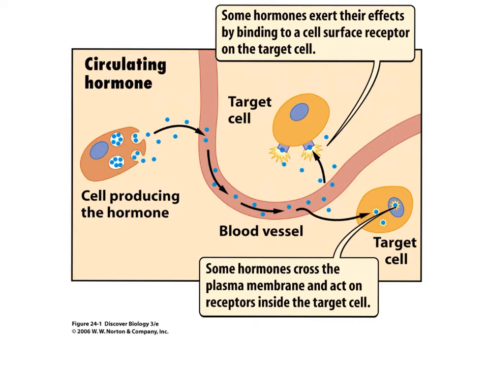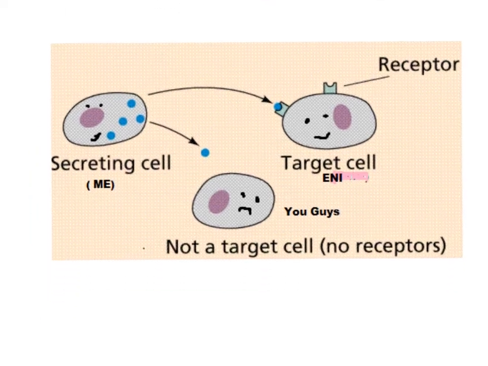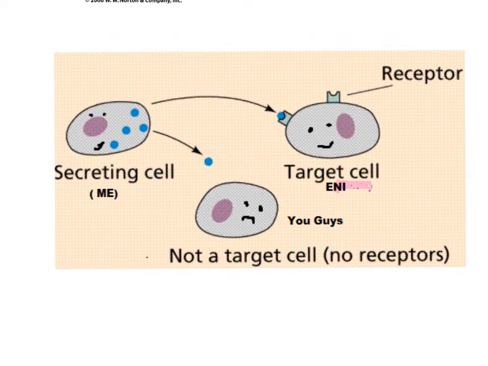Moving down to talk about target cells. As I've just said, an endocrine cell secretes a hormone, and that's released into the blood. And a target cell, by definition, is a cell which has some form of receptor for that particular hormone.